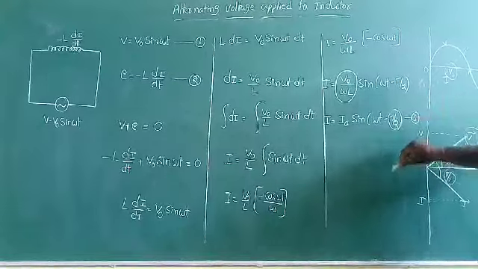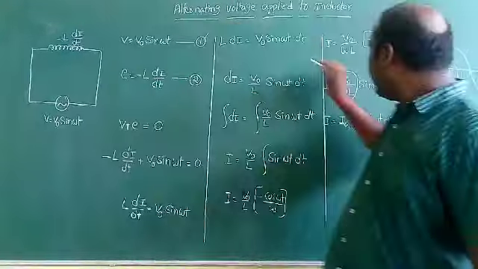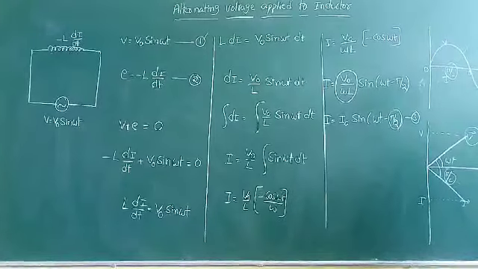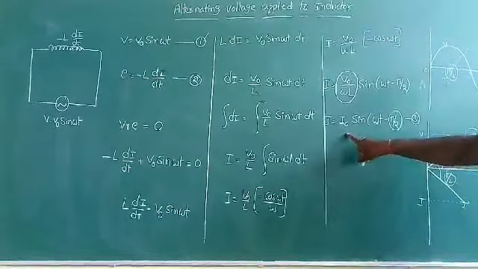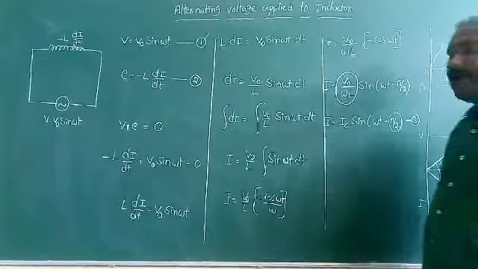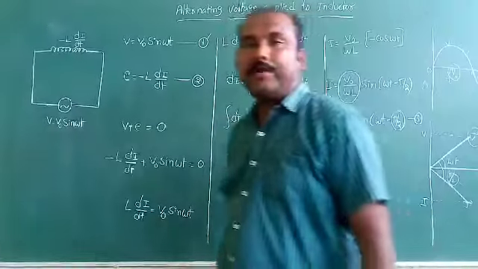If you compare equations 1 and 3, one is V = V0 sin ωt, and here I = I0 sin(ωt − 90°). That means the voltage and current differ in phase by 90 degrees.